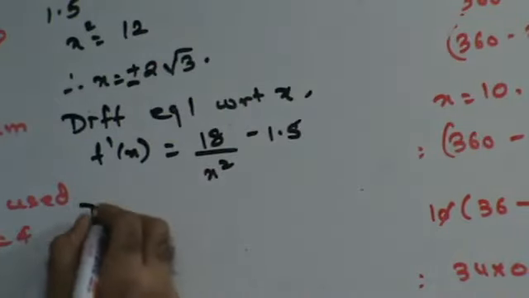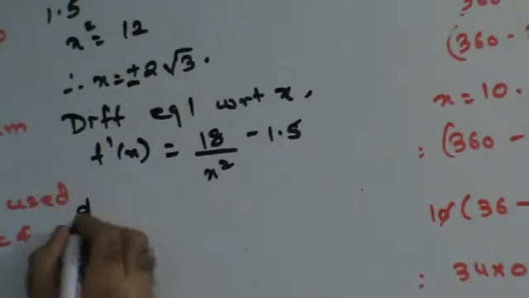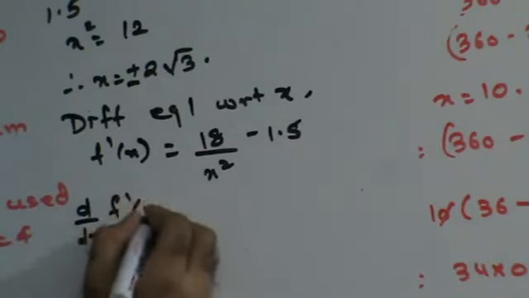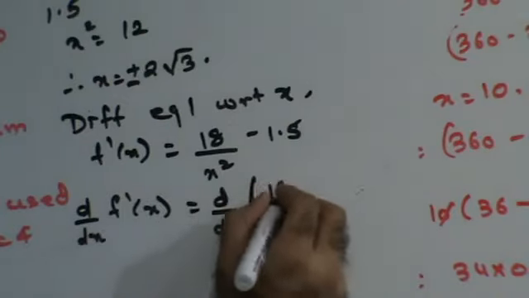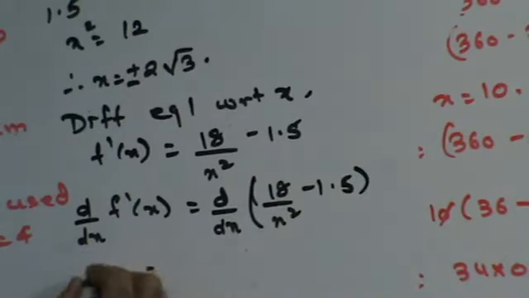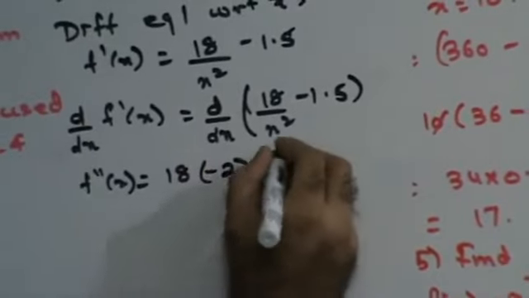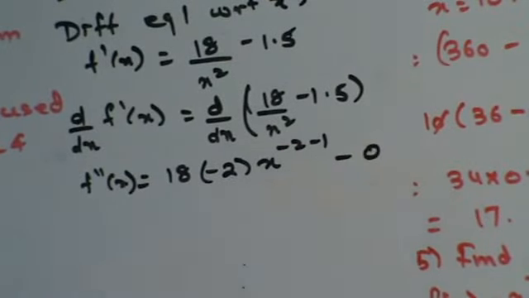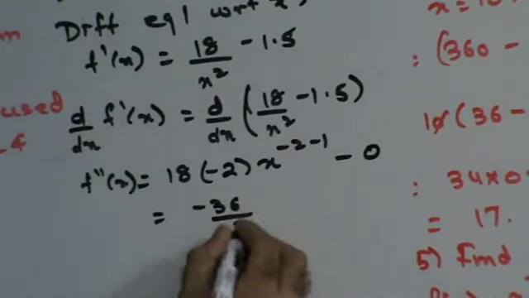If I differentiate this, f double bar of x is going to be 18 as it is, d by dx of x raised to n is n x raised to n minus 1, minus 0. So that is going to be minus 36 upon x cube.